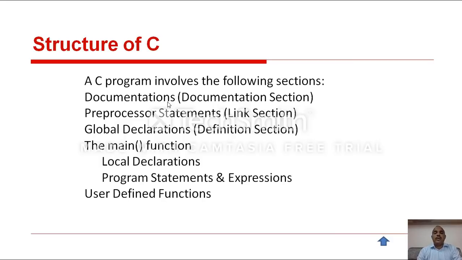So the preprocessor statements are the link section. For example, hash include stdio.h, where stdio is the standard input output header file, hash include conio.h, hash include string.h, hash include math.h. These are all under preprocessor statements.